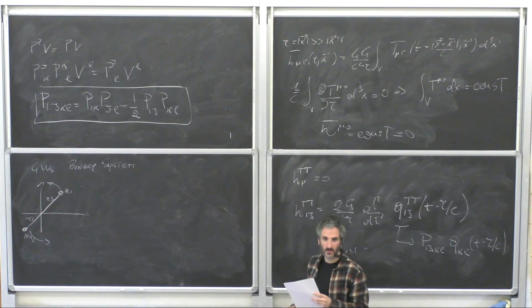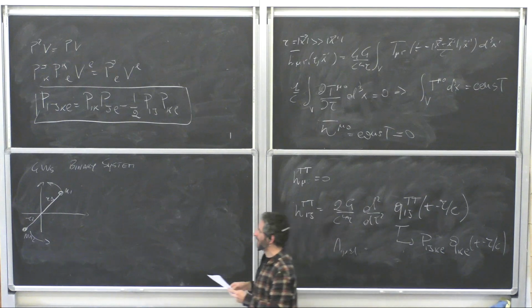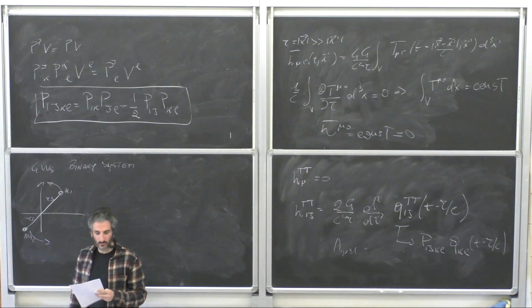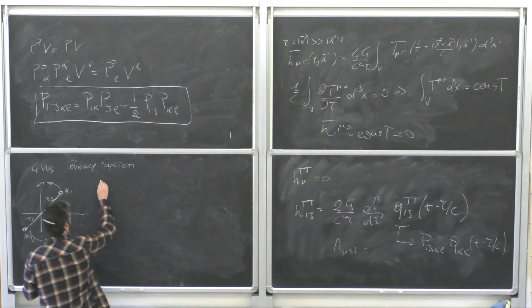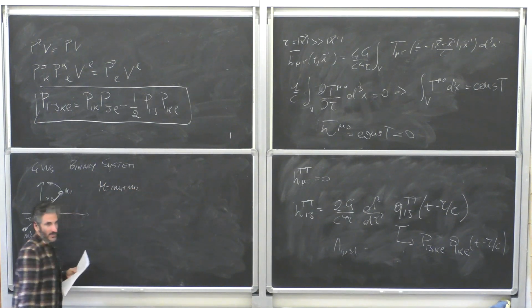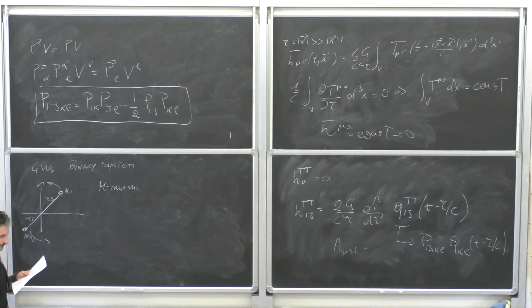Okay, we have a planar motion. So I have two masses, M1 and M2, that are going around a common center of mass. Let me write capital M as the total mass of the system.